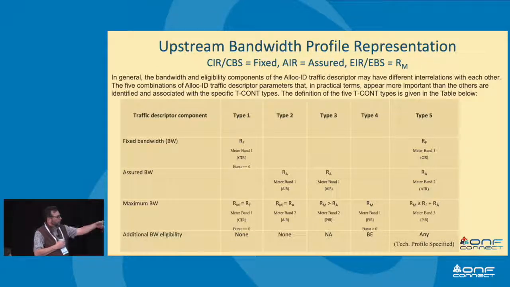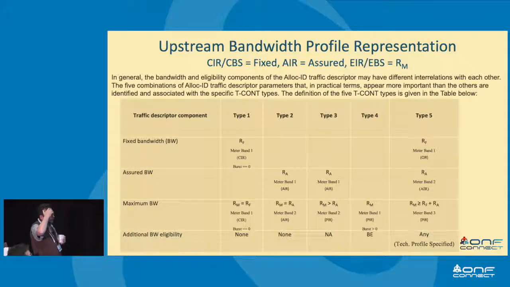So I really need one meter band for that one. Type 2 is like an AF type service, assured forwarding. In this case, the assured rate is the max, so there's no additional bandwidth I get. Type 3 is an AF type service, but it can get excess bandwidth above the assured information rate. Type 4 is just best effort, again, one meter band for that.